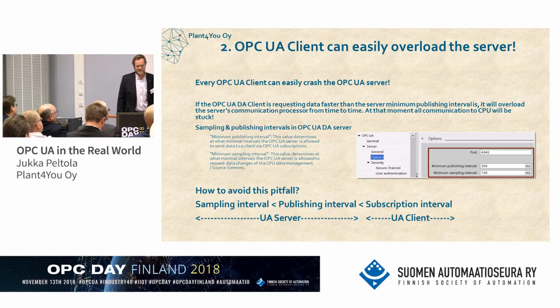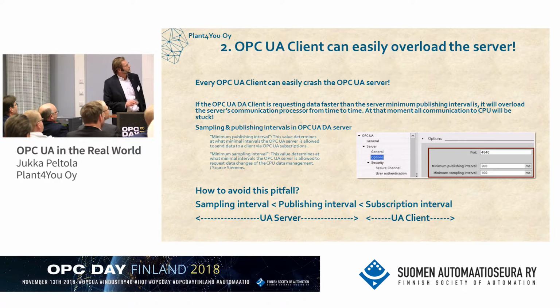To understand why this was happening was not so easy. But then we found that if you have, for example, a 1,000 millisecond publishing interval on the server side and use 2,000 or 1,500 milliseconds on the client side, it works very well. No problems anymore. Just quite simple.